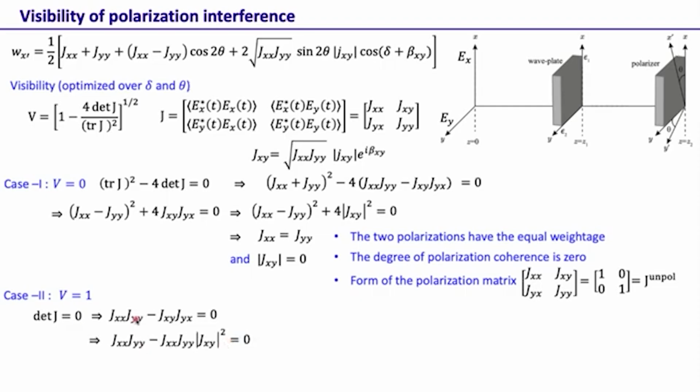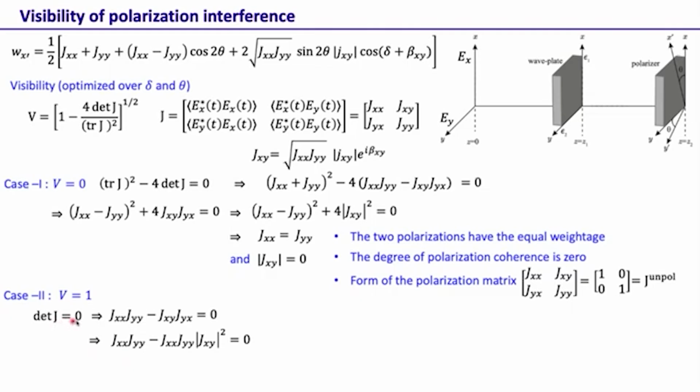This we can write as jxx jyy, and then we are writing this jxy like this, and jyx as the complex conjugate. If you multiply those, the square root goes away, we have jxx jyy, and we have small jxy whole square, and then e to the i beta xy times e to the minus i beta xy gives us just 1.